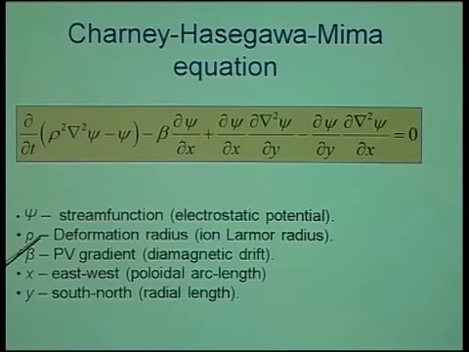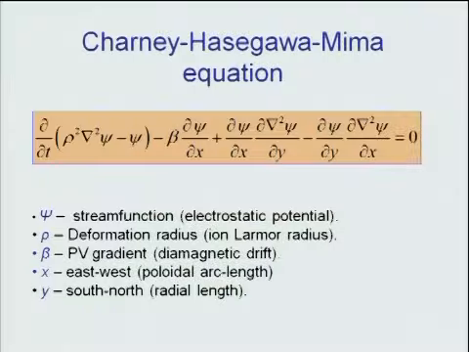Rho is the deformation radius, called the Rossby deformation radius in GFD, and the ion Larmor radius measured by the electron temperature in plasmas, because in the derivation of this model it was assumed that ions are cold and electrons are warm. So it is the ion sound radius, the same way you would estimate the speed of an ion sound wave.